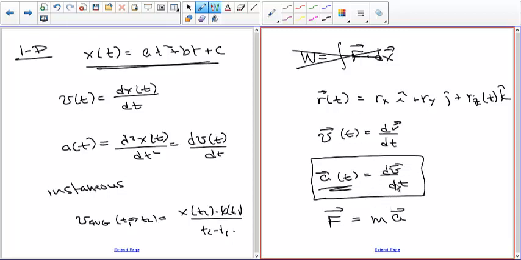So if I know the acceleration vector and I know the mass, then I should be able to find the force vector. So this is just using Newton's second law, starting with the position vector, calculating velocity and acceleration vector, then using Newton's second law to calculate the force vector that has to be acting for that acceleration to be appropriate.